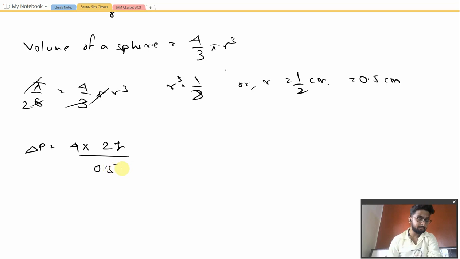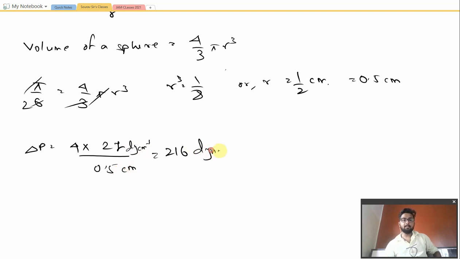On the calculator, 4 into 27 divided by 0.5 is equal to 216. Now the unit here is dyne per centimeter, divided by centimeter, so this will come out to dyne centimeter minus 2.